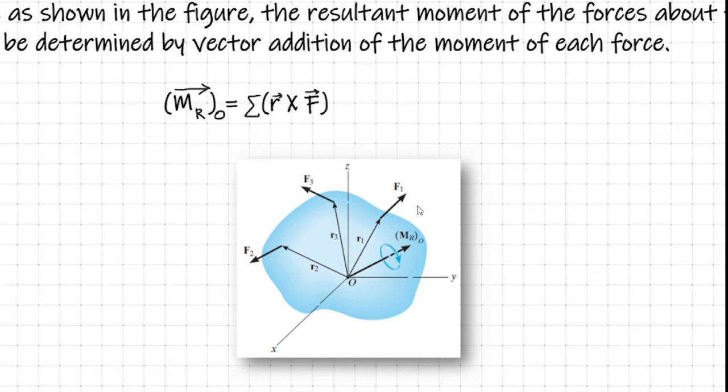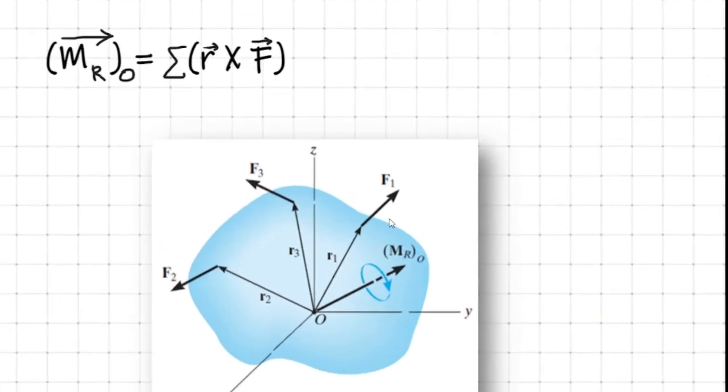Let us first focus on the calculation of the moment due to force F1 about the point O. First obtain the position vector from the point O, about which we would like to calculate the moment, and draw a position vector to any point on the line of action of F1. So R1 is defined.